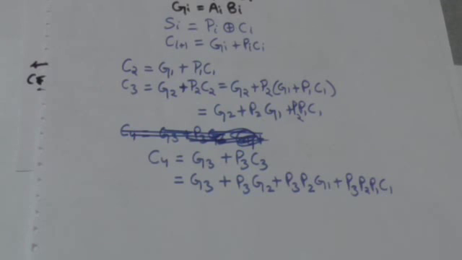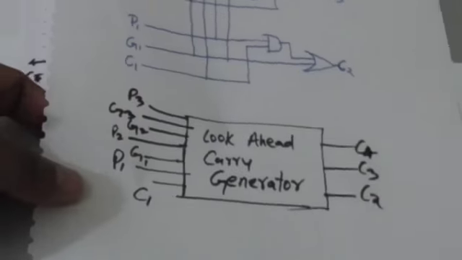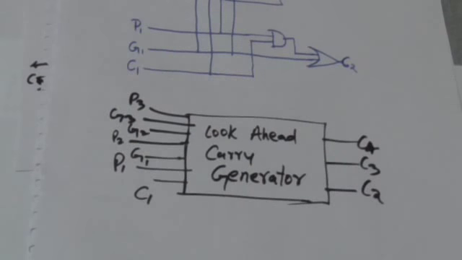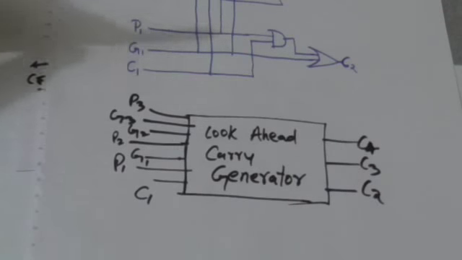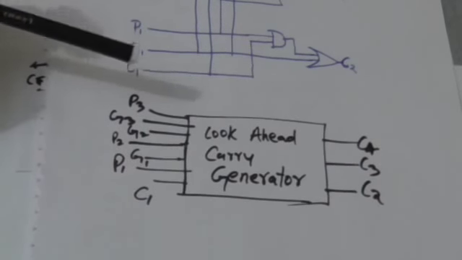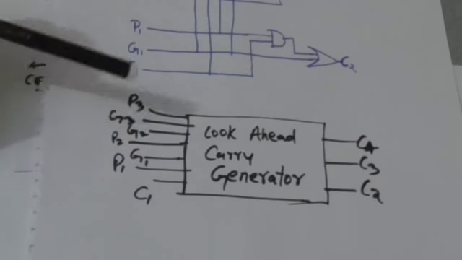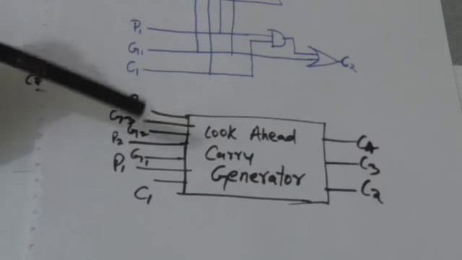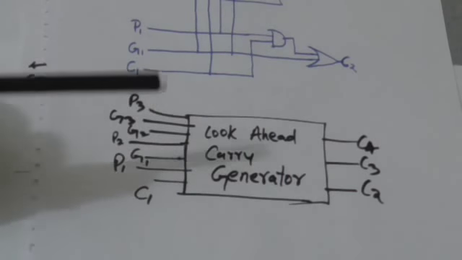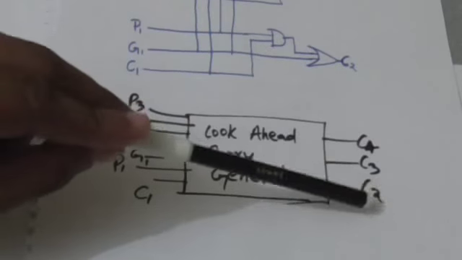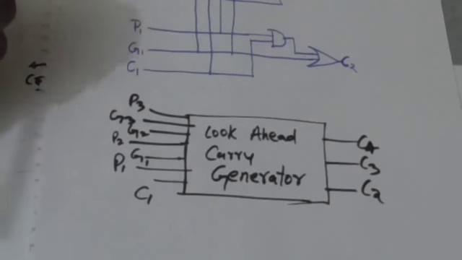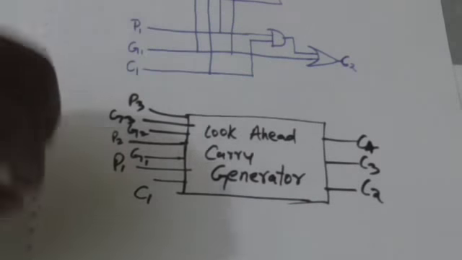So we can design a combinational circuit called look ahead carry generator, whose input variables will be P3, G3, P2, G2, P1, G1 and C1, and output variables will be C2, C3 and C4.